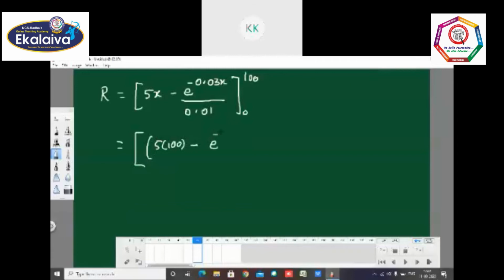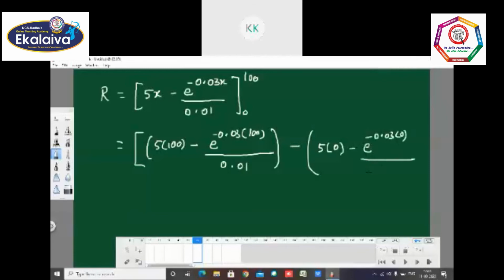When we cancel this, what is the value? 0.01. So R equal to 5x minus e power minus 0.03x by 0.01, limit 0 to 100.